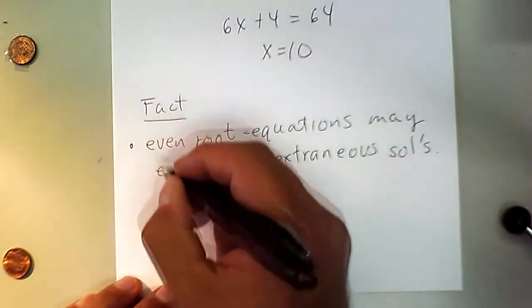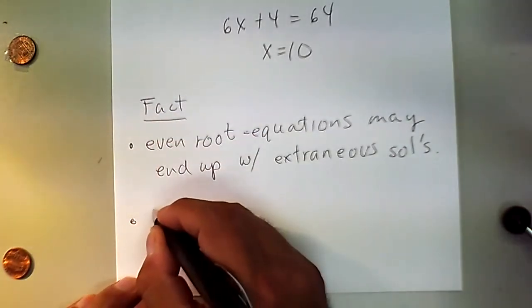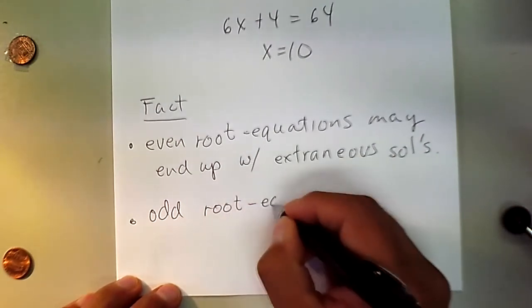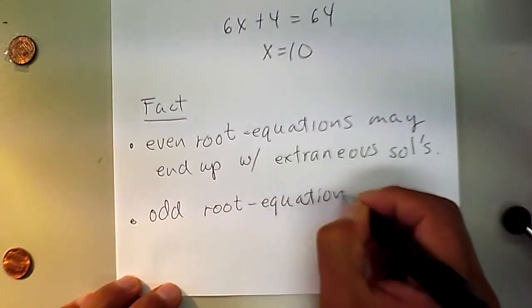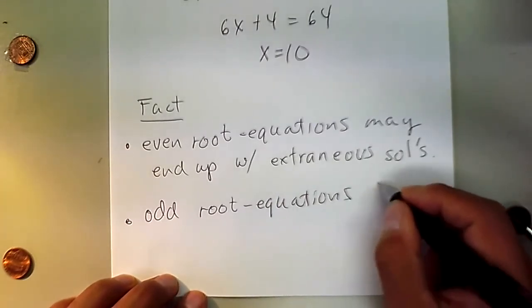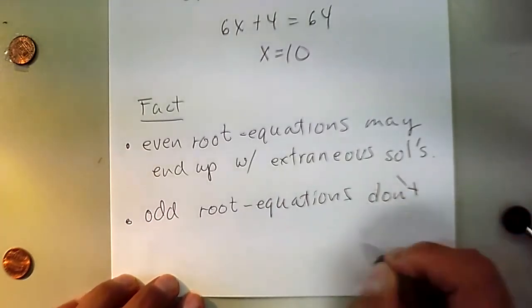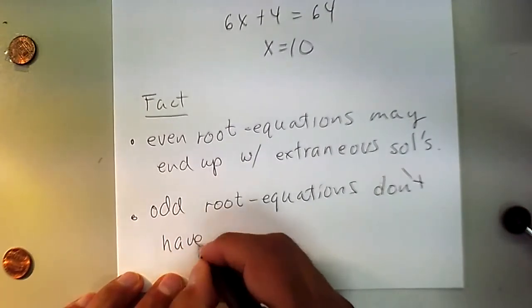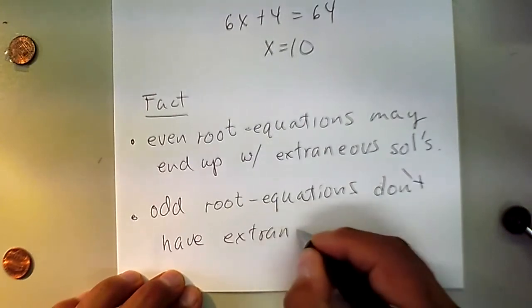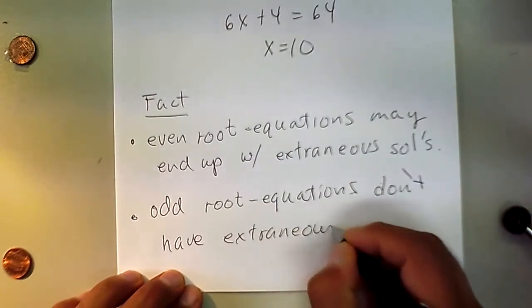Okay, so that's one thing. The other thing is if you have odd root equations, they don't have extraneous solutions.